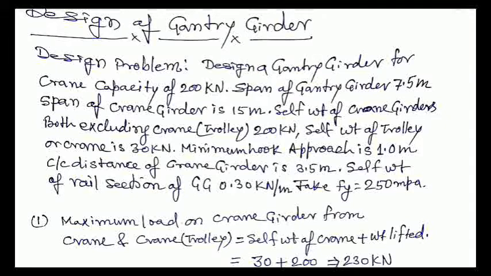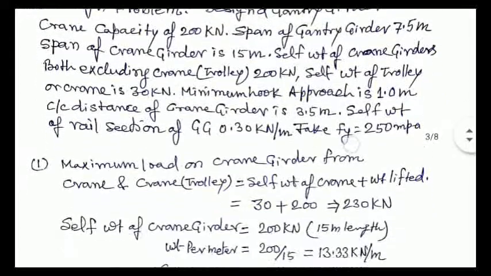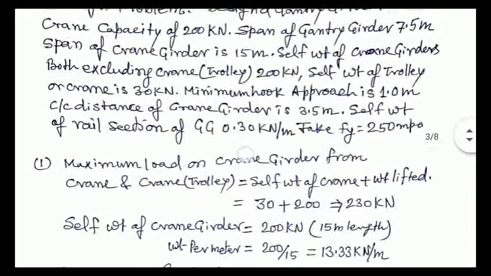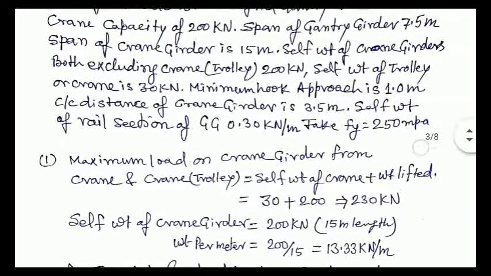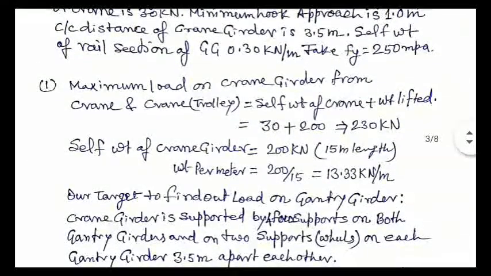Then self weight of rail section gantry girder is 0.3 kilonewton per meter, and take Fy equal to 250 MPa. Clear? Now, first of all, what to do?